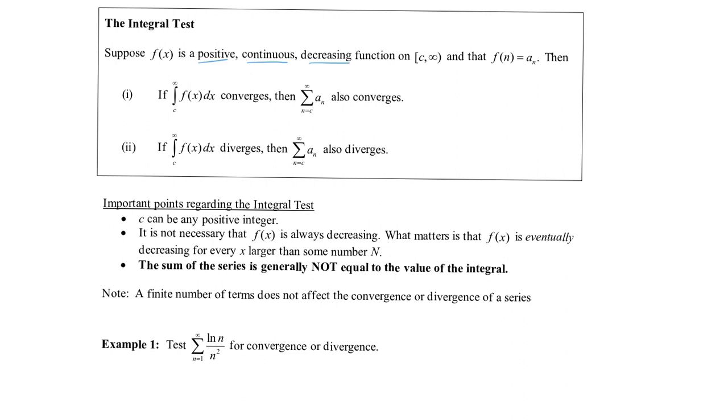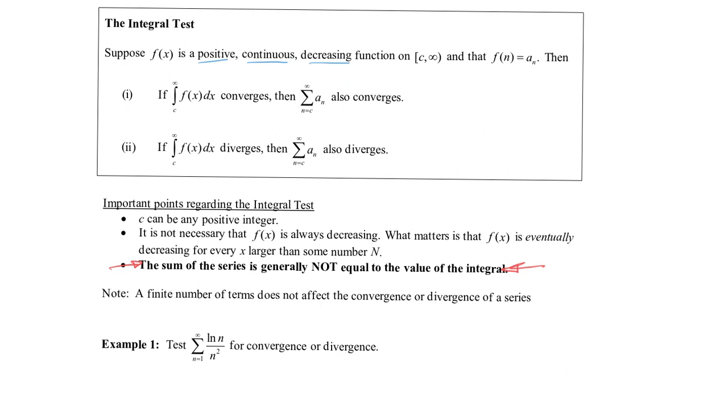And also, this is an important point that I had mentioned earlier. We just have to know this. The sum of the series is generally not equal to the value of the integral. So we're going to get an answer for our integral if it converges, but that doesn't mean that's the sum of the series. It's generally not that.